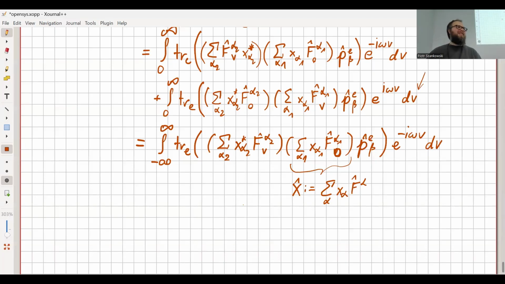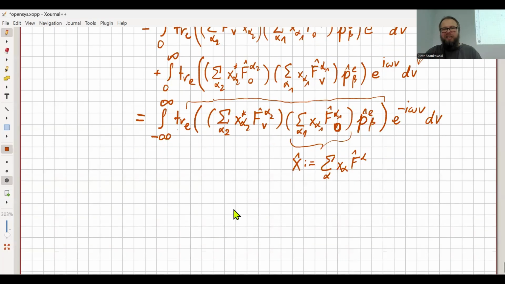Okay, it's just this combination of f's. We just call it a new observable, and then what we get here is a Fourier transform of a 2-time correlation function of this new observable x.